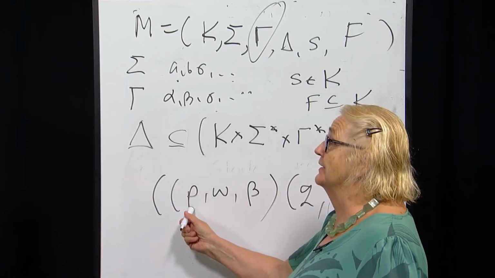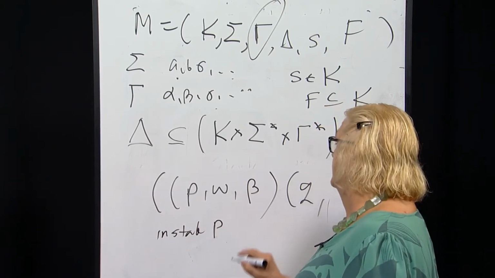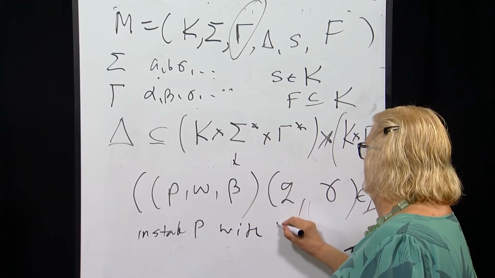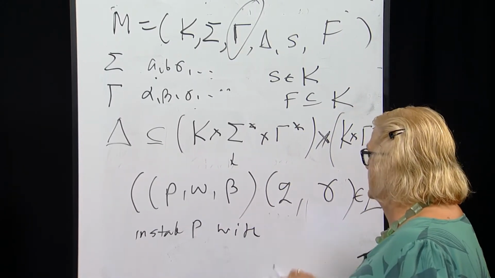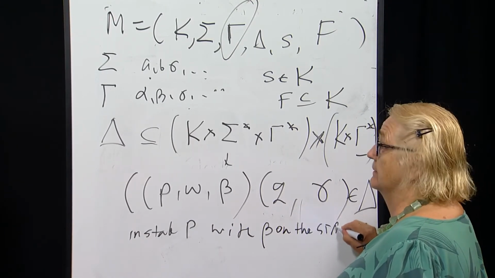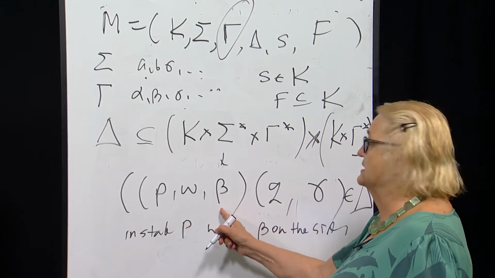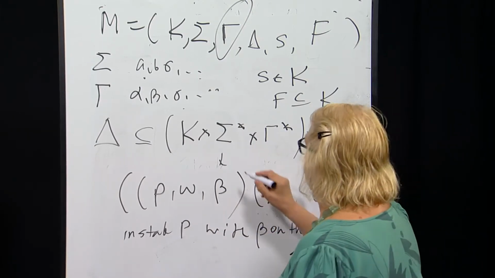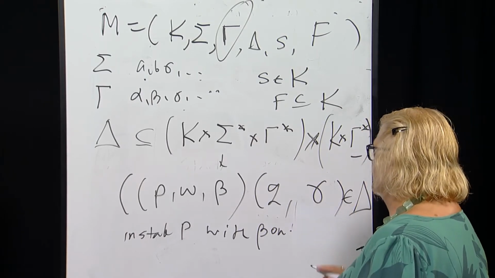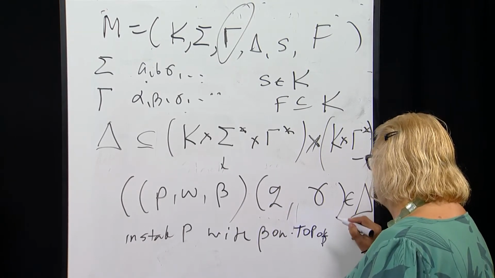In state P, with beta on the stack, read w. Remember that all operations on the stack happen on the top of the stack.